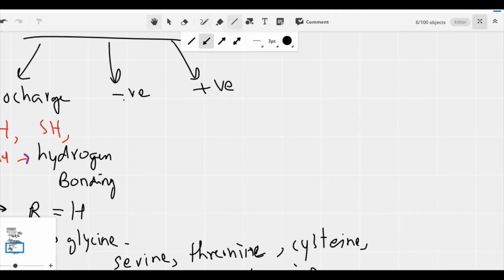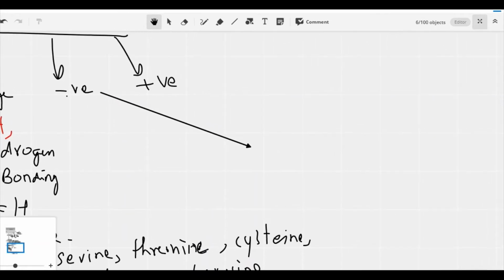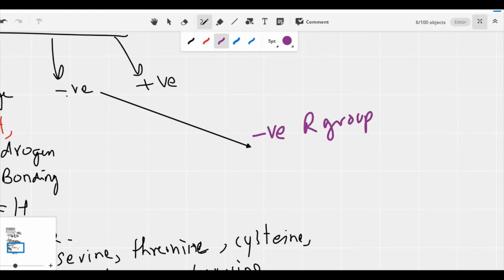Now the next one is the amino acids containing a negative charge on the R group. It means the R group is negative, but these are polar. Remember that normally acids are included in this category, for example dicarboxylic acids.